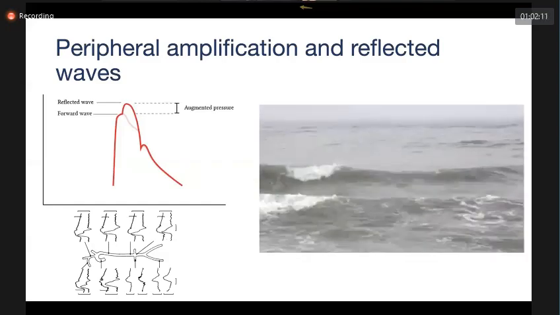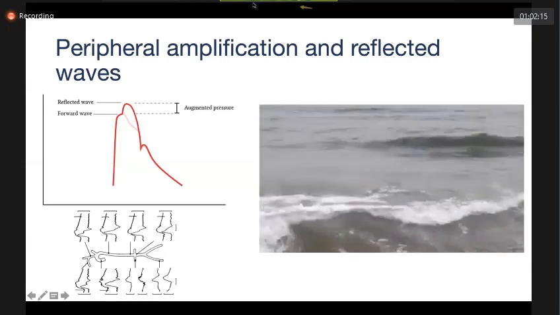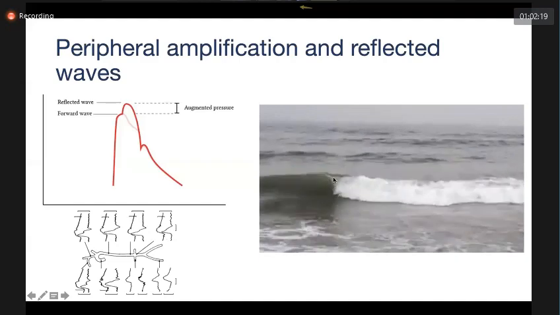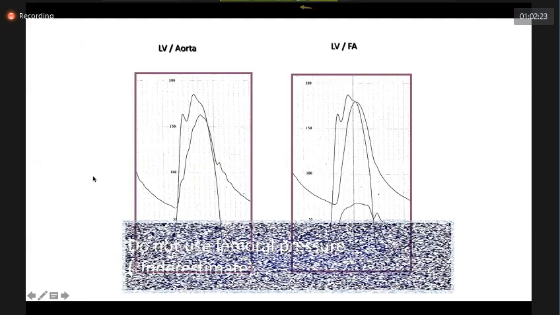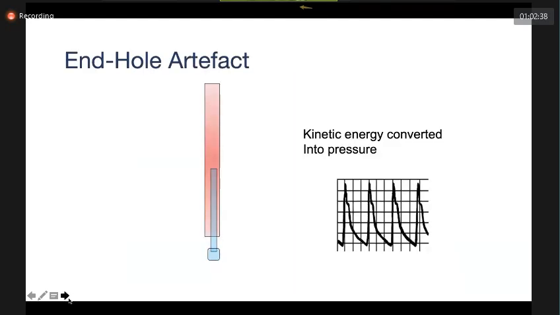Then only you get the proper pressure, proper calculations, resistance. That is the reason we always measure left ventricle and aorta, and if you check the left ventricle and the femoral artery, you will have pressure differences in the femoral artery compared to the aorta.